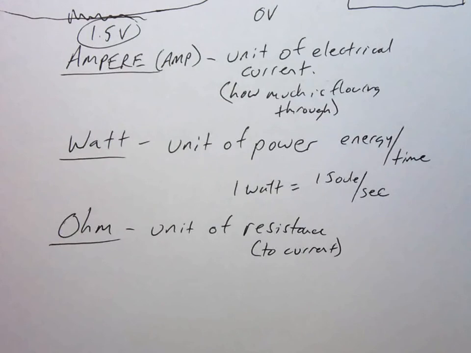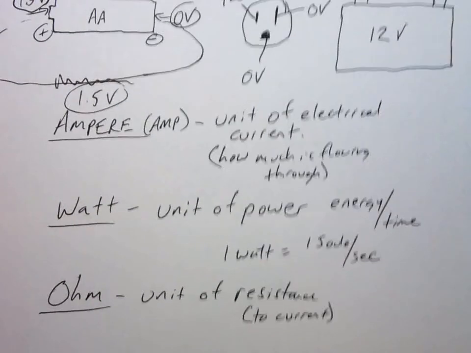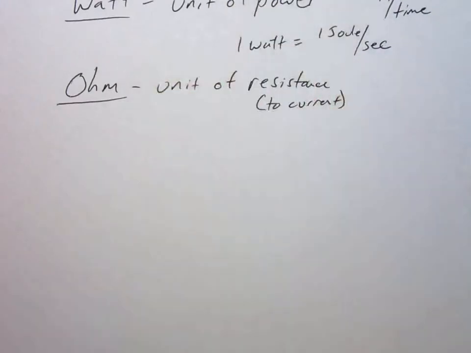Okay, so how do these all play together? How can 12 volts be in a car battery and 120 in the house and they both supply a lot? Here's how. These are the equations. Are you ready? On the test, I will give you the equations. You won't have to memorize them, okay?